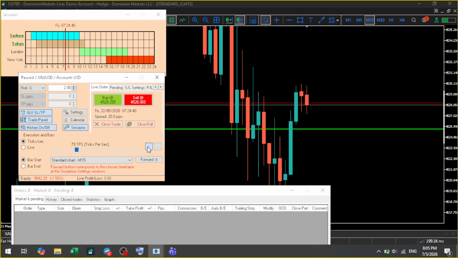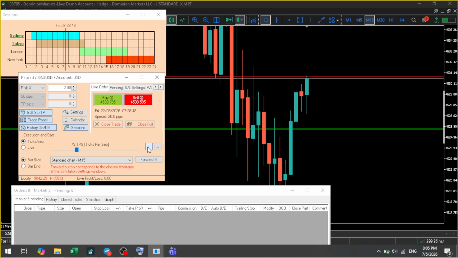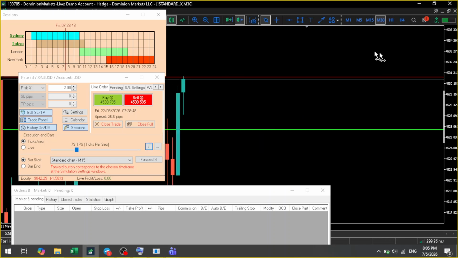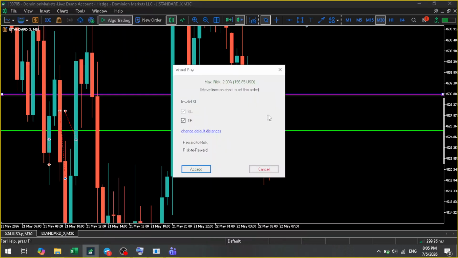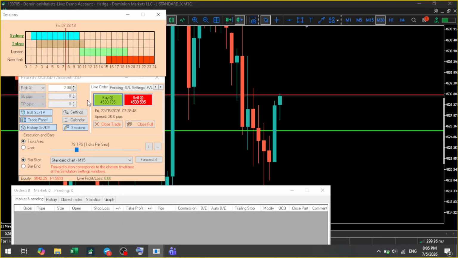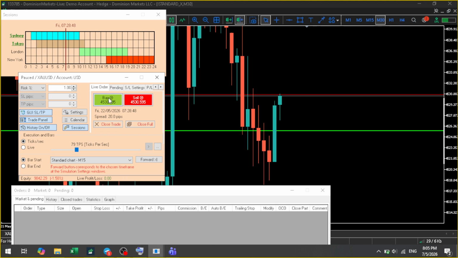My battery is about to die. Oh. Should have used stops. Buy. Oh, is it 1% or 2%? Let's make it 1%. Oh man, 1% risk.